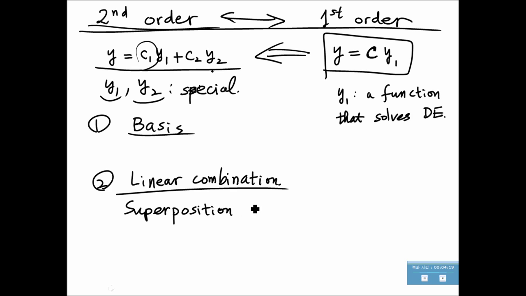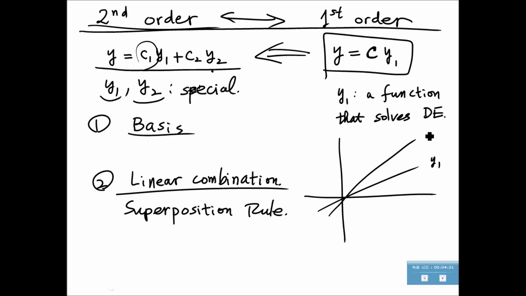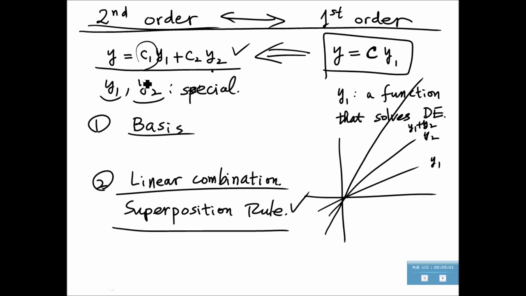Superposition rule, you know that, right? This is, let's say, y1. This is y2. y1 plus y2, you add them up like that, right? For linear solutions, if you add them up, that's also a solution. This is a very fundamental, very important rule. This is only valid in a linear system. If it's a nonlinear system, you cannot assume this.